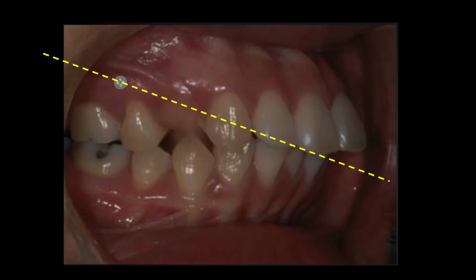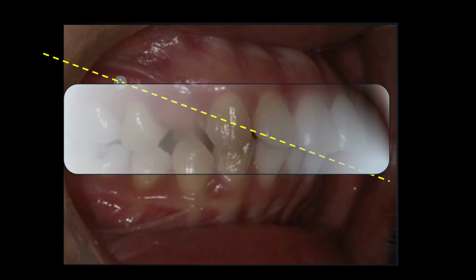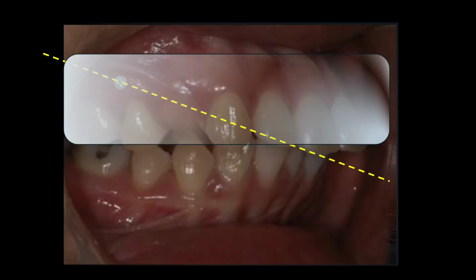The first thing we need to do is identify the active unit. Because the archwire is a full-sized archwire, it goes along the anterior and posterior teeth, so they are connected together. So in this case, the active unit is the entire maxillary arch.